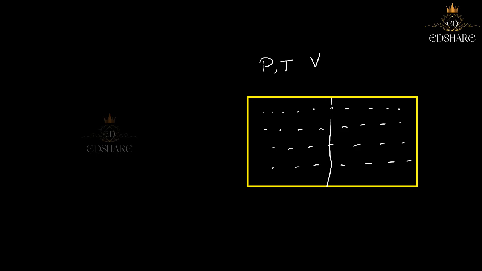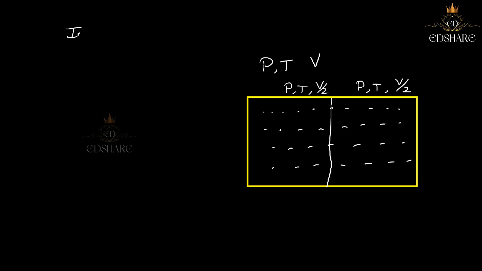Then on both sides of this vessel, the pressure will remain the same, the temperature will remain the same, but as I have placed this exactly at the center, the volume will be halved. So you can observe from this interpretation that pressure and temperature are independent of mass.